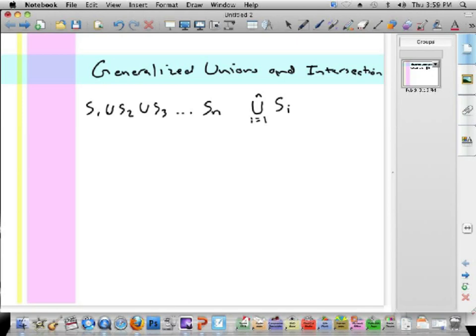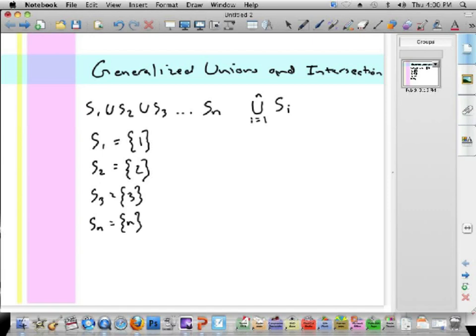It's pretty simple in practice. Let's say set 1 simply has the element 1, and set 2 has the element 2. Set 3 has the element 3. This pattern continues all the way until set n, which just has the element n. Therefore, the union of all of these sets, the union from i equals 1 to n of set i, is simply equal to the set containing 1, 2, 3, all the way up to n.